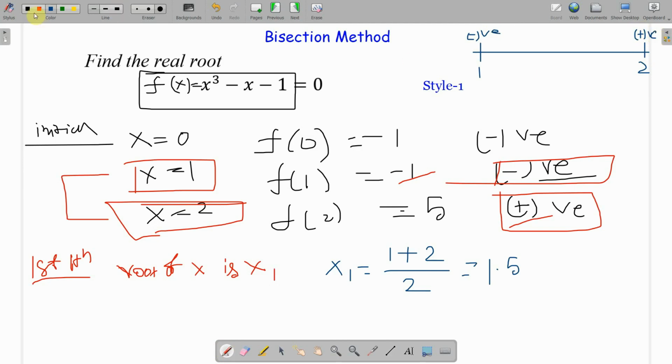Your next root is 1.5. Now find me the value of f(x1) and see if it's negative or positive. So 0.875. Yes, sir. Negative or positive? Positive, sir.